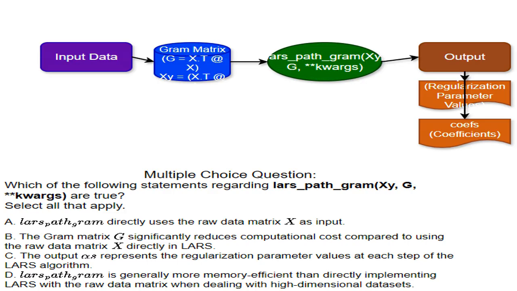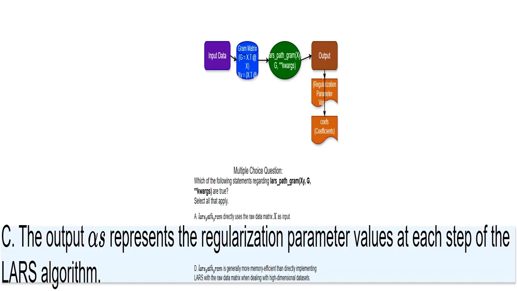The alphas output tells us the strength of the regularization at each step of the least angle regression. Think of it as a dial controlling how much we penalize complexity in our model. Each value in alphas represents a different setting of this dial. Using the gram matrix, G equals X transpose X, cleverly avoids redundant calculations.